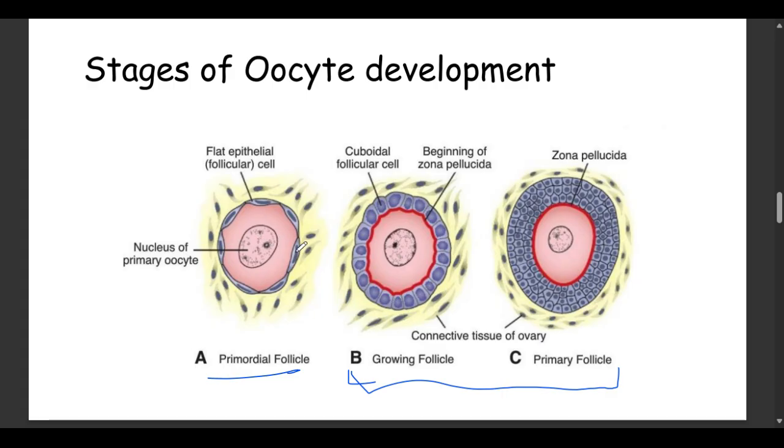From these flat epithelial cells, they increase in number, become more cuboidal, and then start secreting the zona pellucida. This zona pellucida is going to be a barrier that is important in certain functions that we'll explore further when we do fertilization.